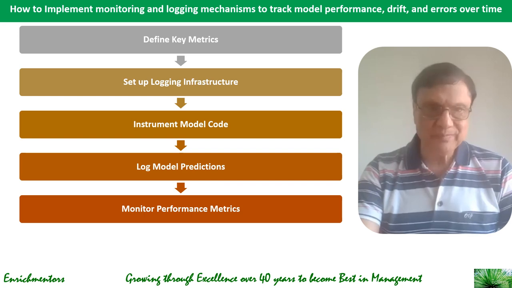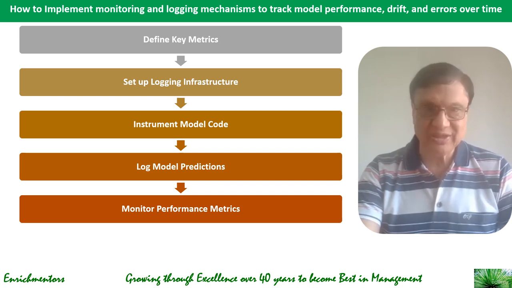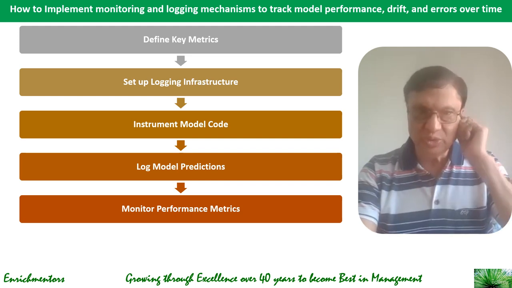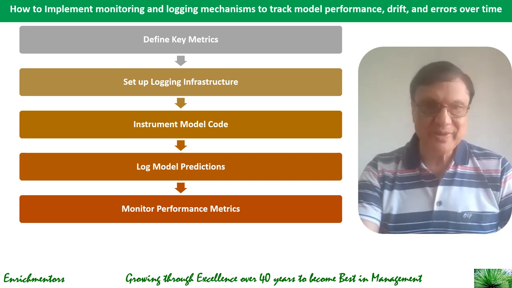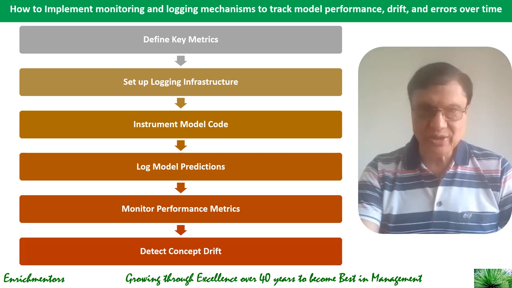Then you monitor performance metrics continuously for the deployed model, especially the metrics logged by the deployed model, to detect changes or anomalies. And you set up alerting mechanisms to notify stakeholders when performance metrics deviate from expected values or thresholds. And also you detect concept shifts, drifts.